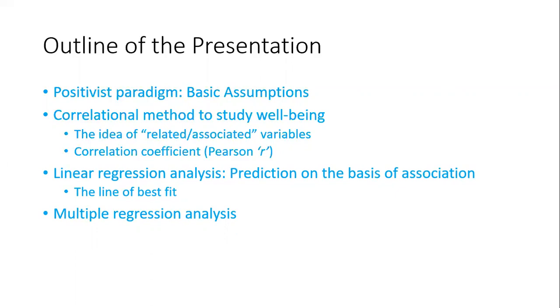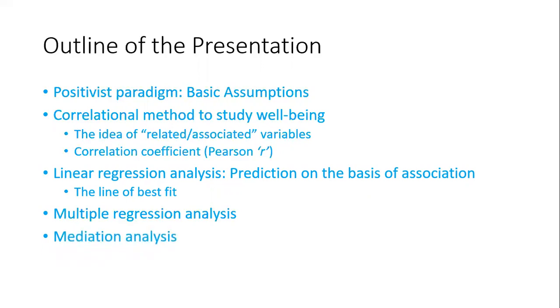We move on from there to multiple regression, which tells us about how we can predict one variable like well-being, also known as a criterion variable, with the help of various other predictors or the predictor variables. So we'll take the example of that also.